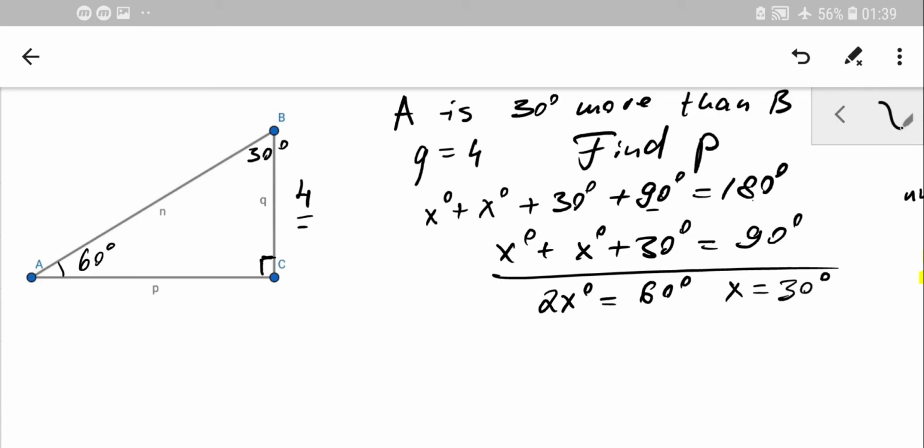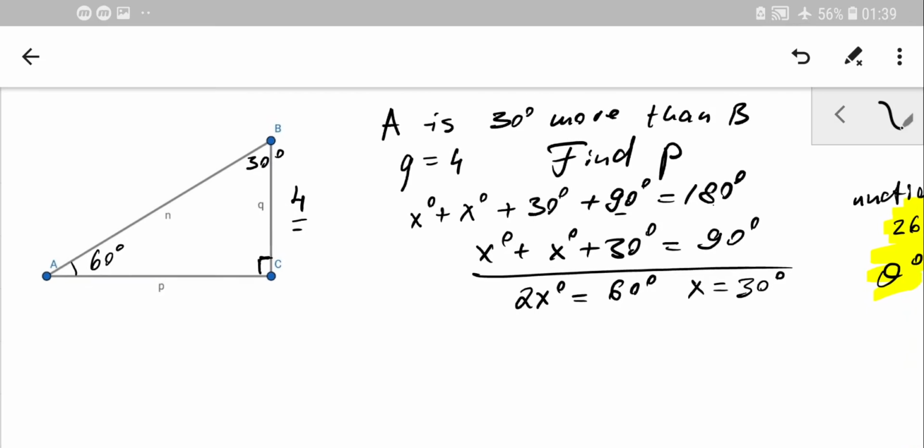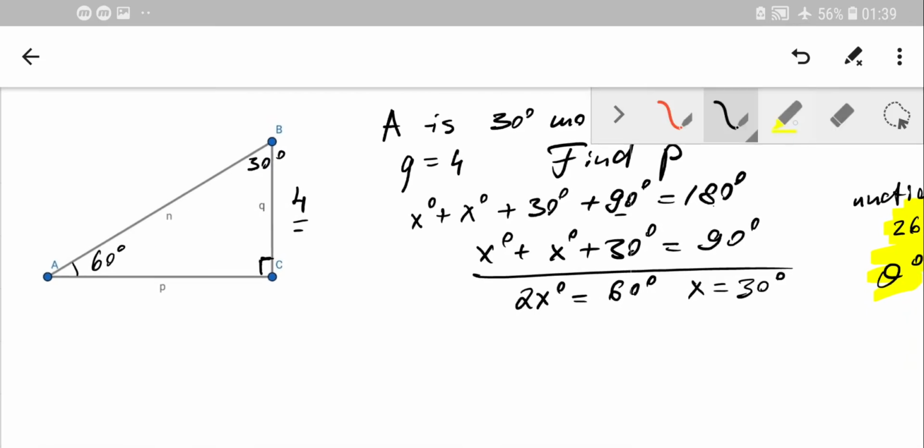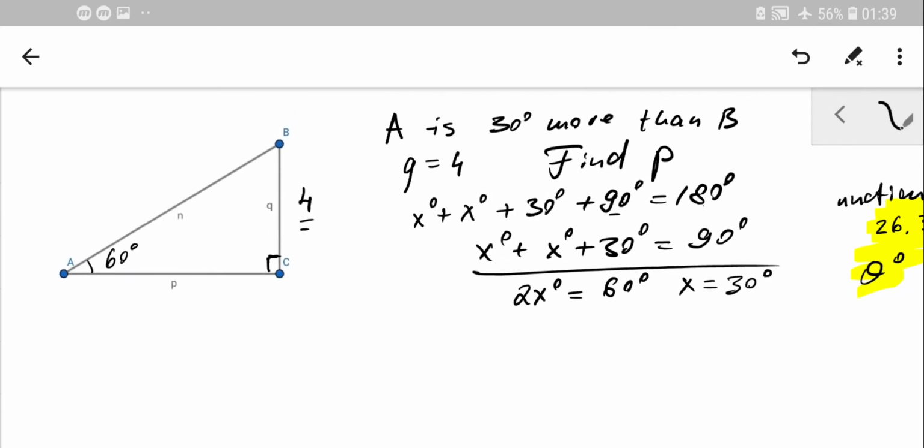Okay, so let's move next. We know all the angles. Now you need to choose, you can choose actually any angle you like. If I take, for example, 60 degrees as the angle, so I raise 30 because I need only one. So in order to find P, we have opposite side. In this case, 4 is opposite, this is adjacent to the angle 60.